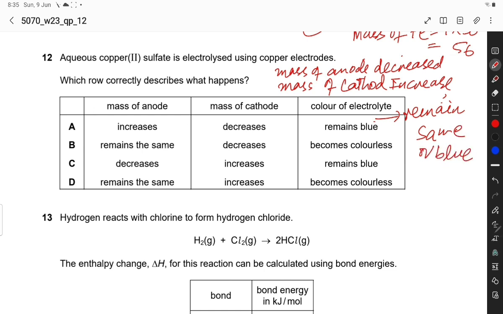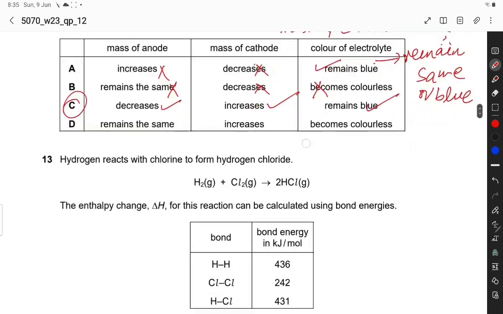So, which row correctly describes: mass of anode decreases, mass of cathode increases, remains blue. So C option is correct option.